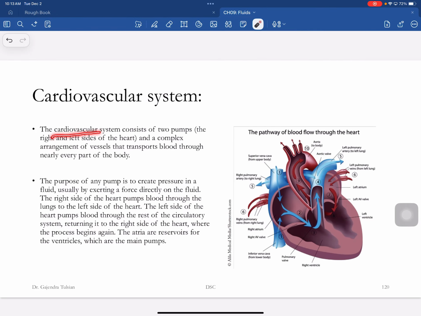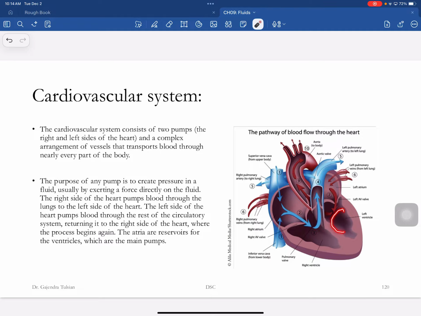The cardiovascular system consists of two pumps, the right and the left side of the heart. This is the right ventricle, and this is the left ventricle. Which pump do you think is stronger? Which pump has to be stronger?